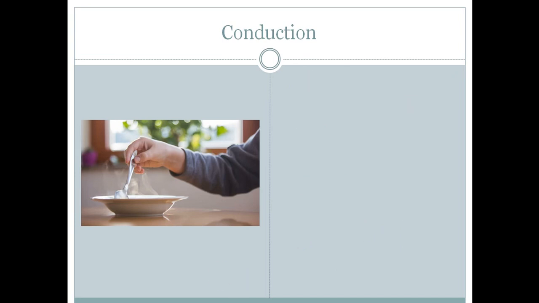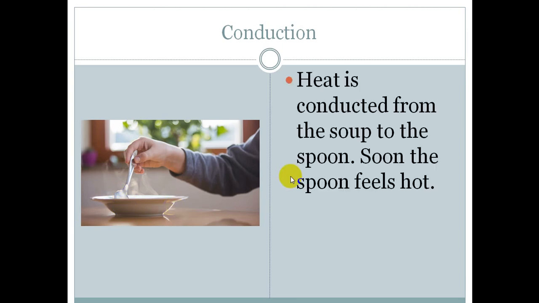Your soup, which is hot, has high temperature, and the spoon, which is cold, has low temperature. So the heat moves from the hot one, the soup, to the spoon. Soon the spoon feels hot.